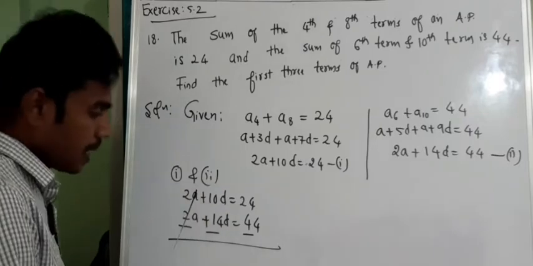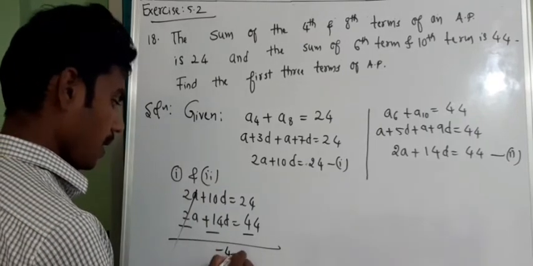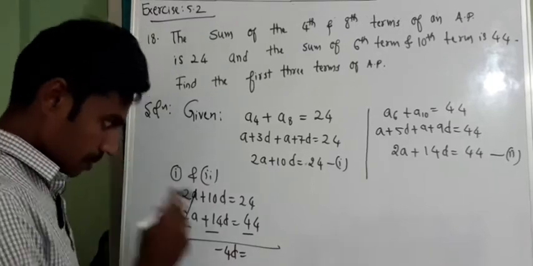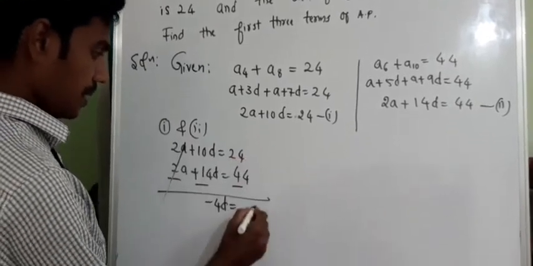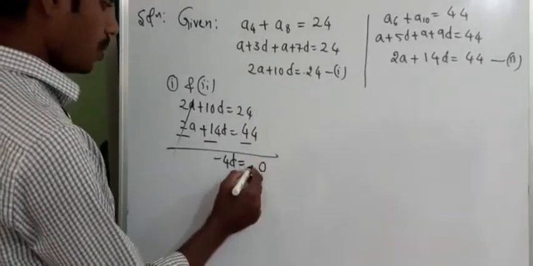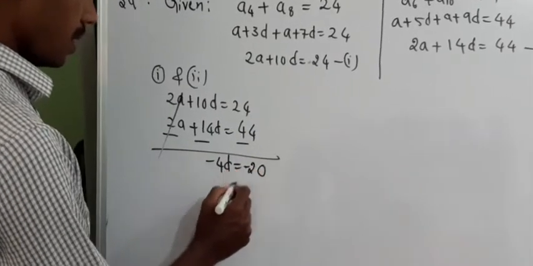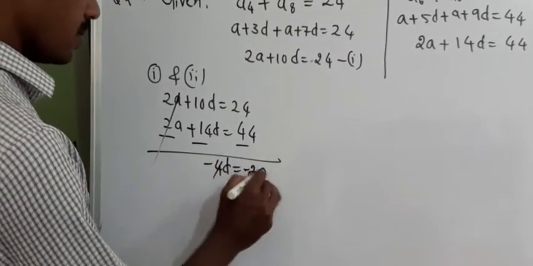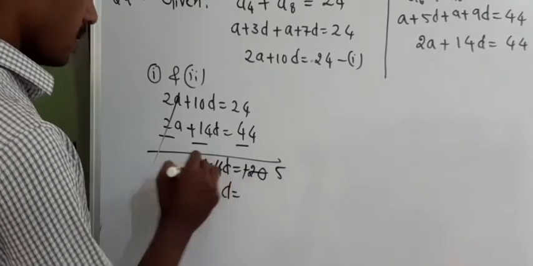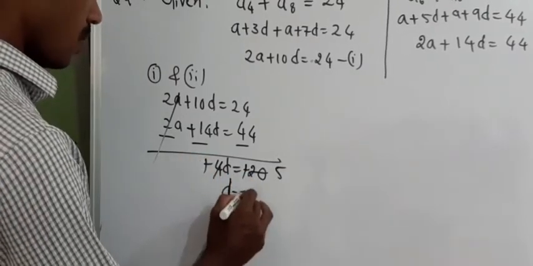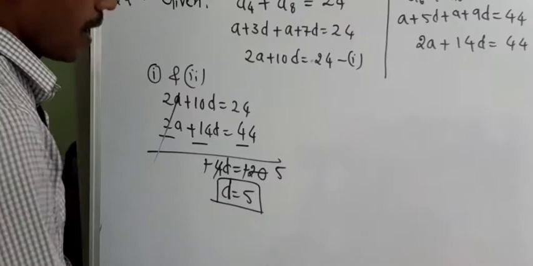Minus 14D plus 10D is minus 4D, equal to 24 minus 44, that is minus 20. Or else D is equal to 5. I got D as 5.